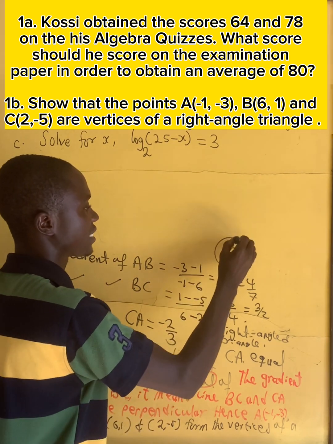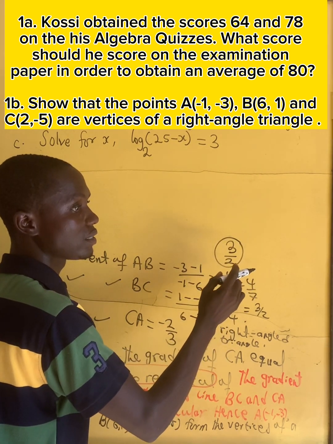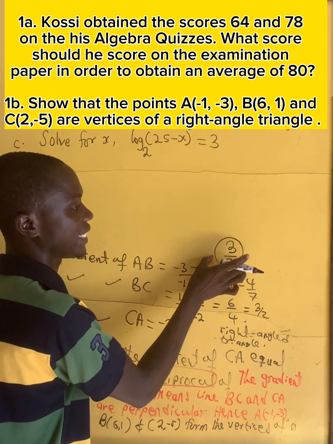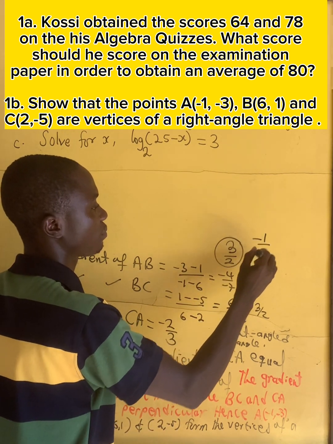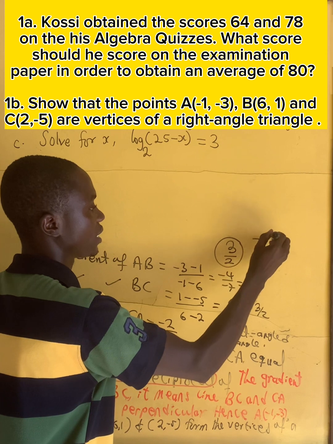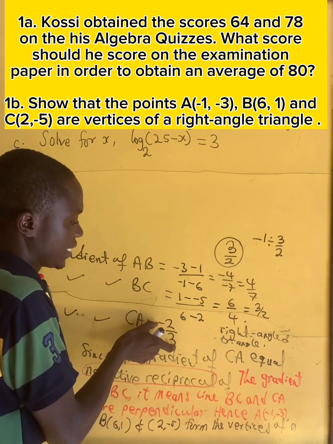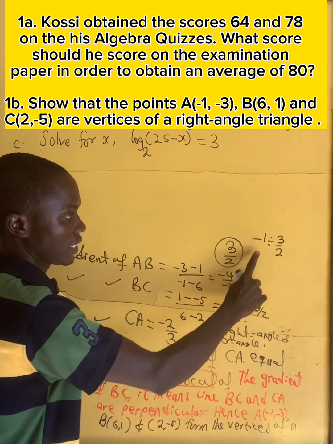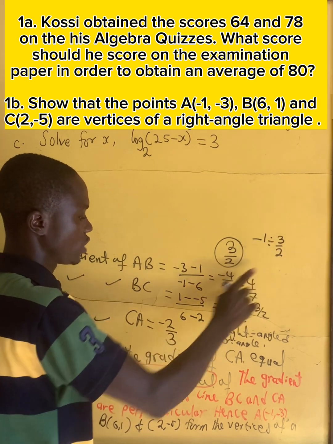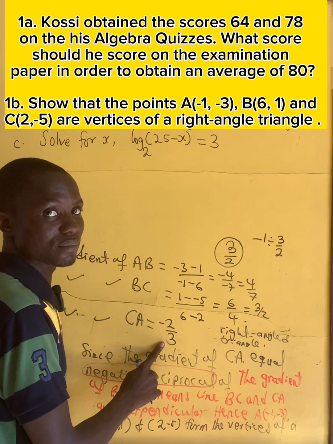If I take this and divide negative 1 by 3 out of 2, I'm going to get negative 2 out of 3.